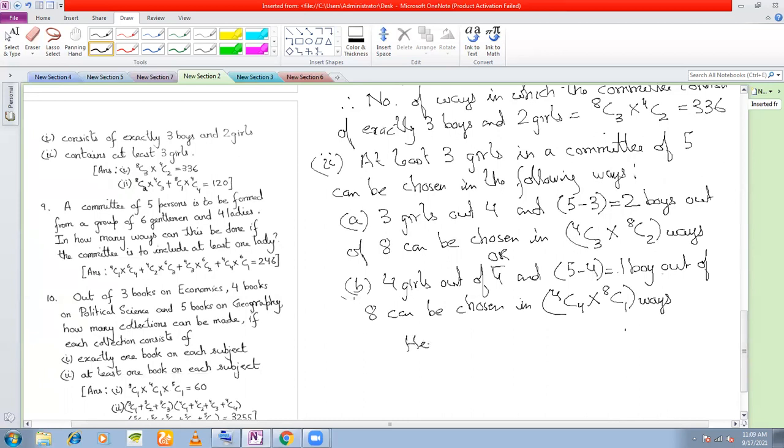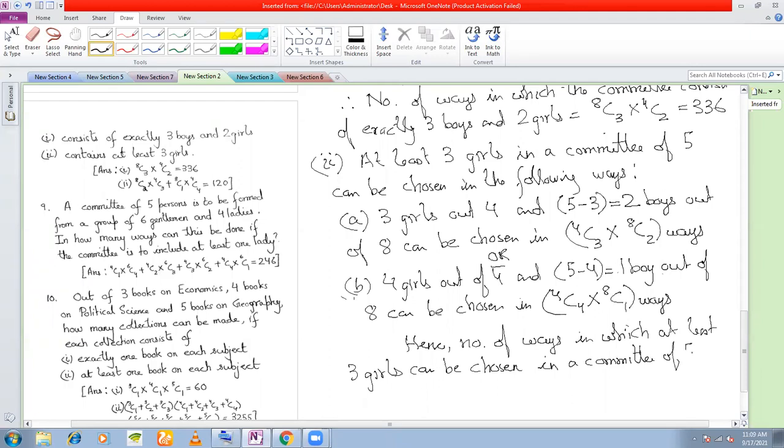Hence, number of ways in which at least 3 girls can be chosen in a committee of 5 is equal to 4C3 into 8C2, and because of this or, we have a plus sign, 4C4 into 8C1, okay, which is equal to 120.